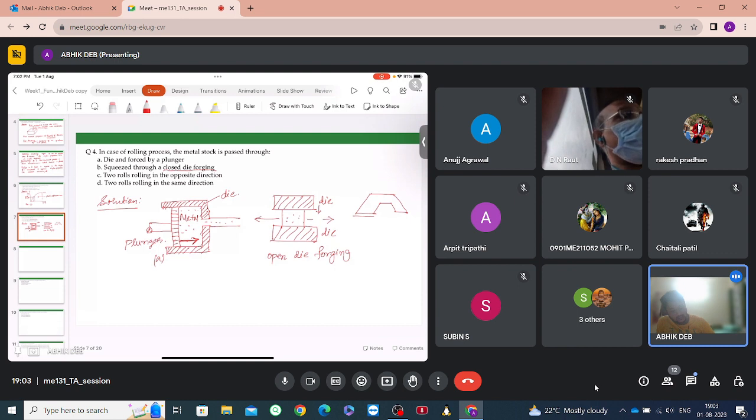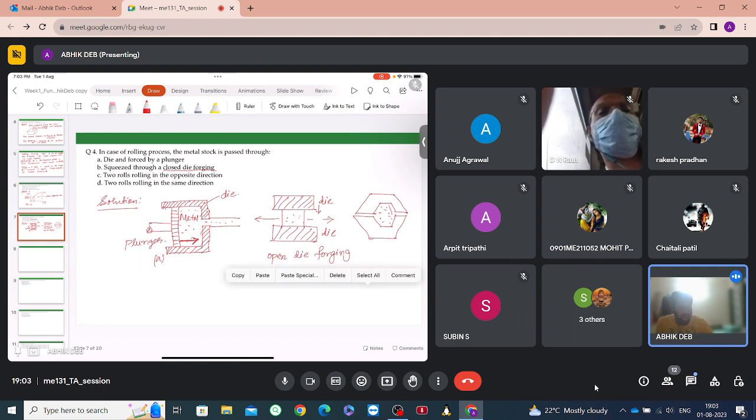Suppose we are taking dies of this shape, and this is the material that we are forming into this shape. So there is a restriction; these dies are enclosing this material from nearly all sides.